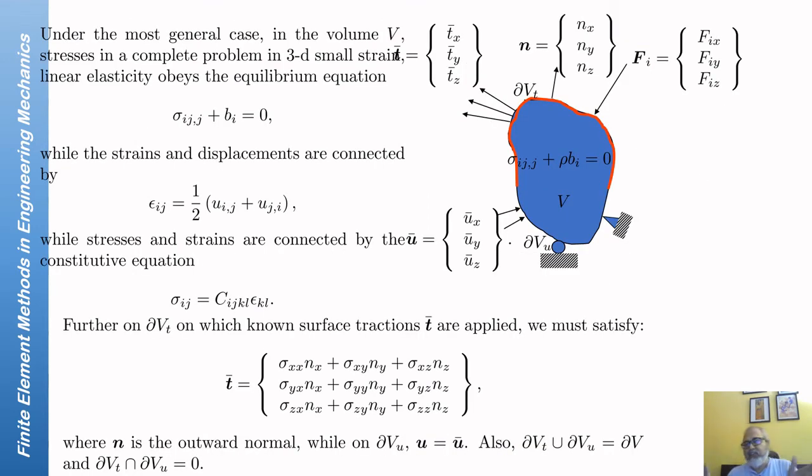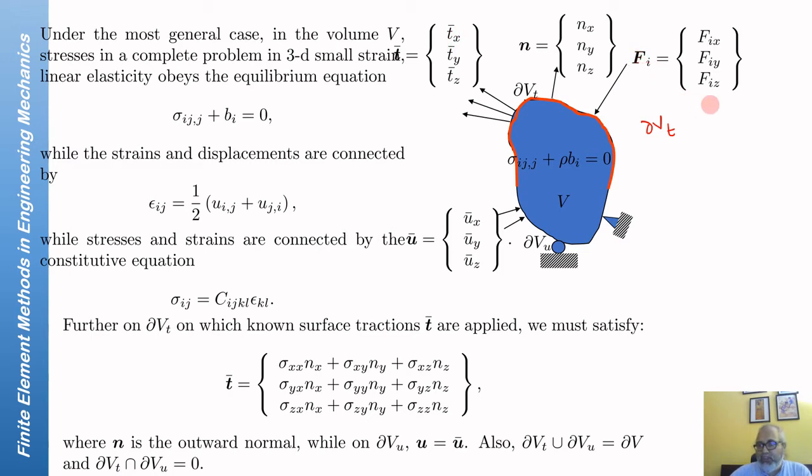Now here is the situation under the most general case. This is just again a recapitulation of the recapitulation that I did. So you have this 3-dimensional body occupying a volume V, and then there's part of the body which we are going to call delta Vt, on which tractions might be specified, and these tractions are denoted by bars.